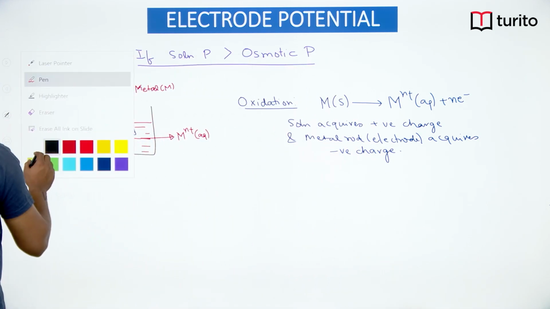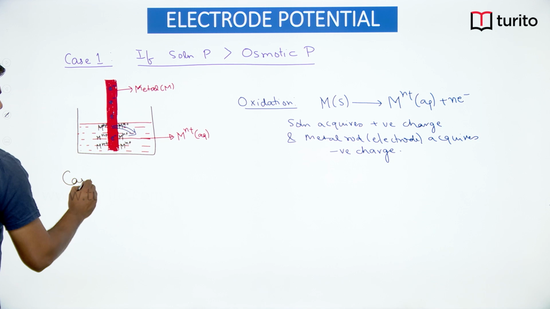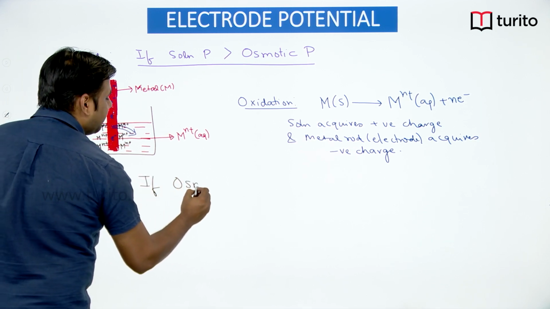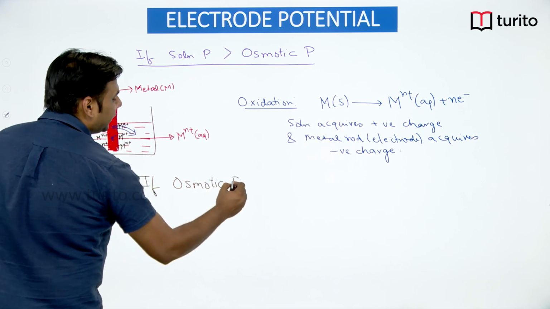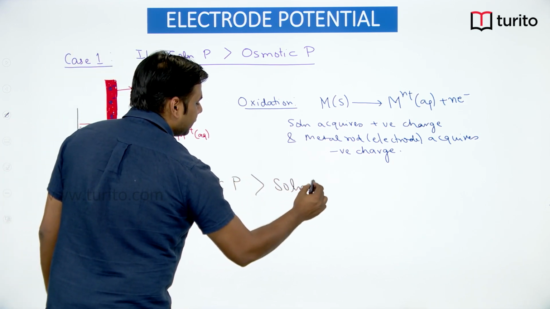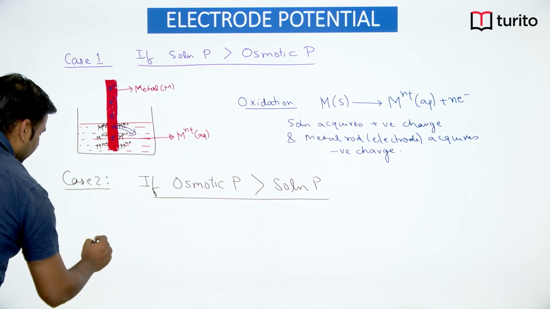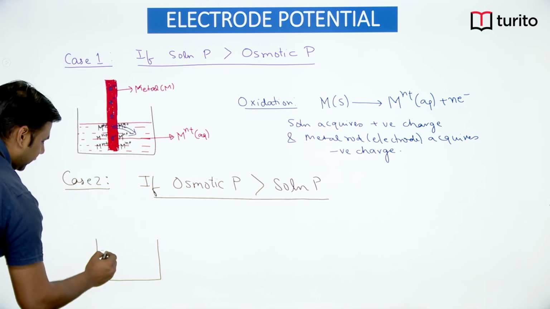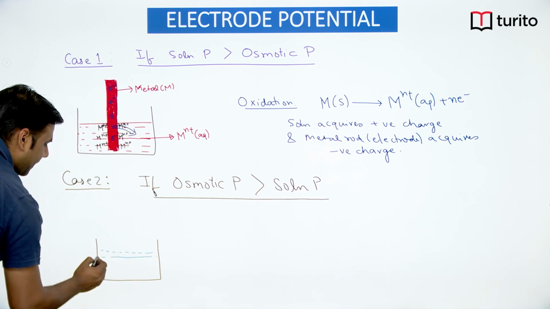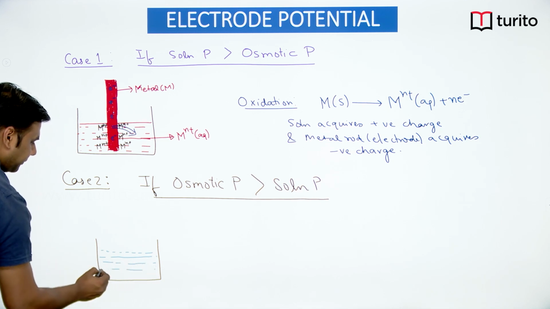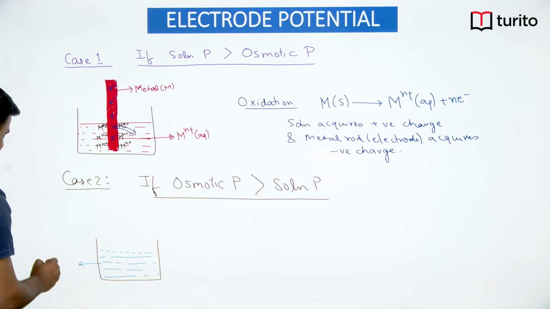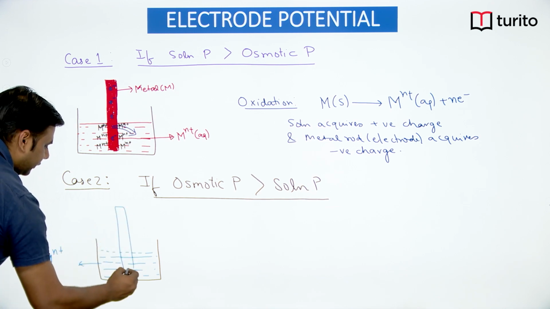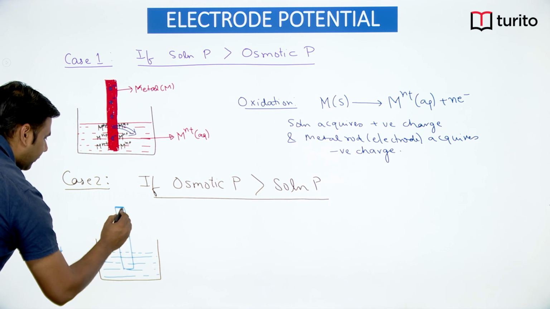Now if we consider case 2, if osmotic pressure is greater than solution pressure, what would happen in this case? Suppose we have a metal rod and a solution containing a metal ion, and we are dipping the metal rod in it.